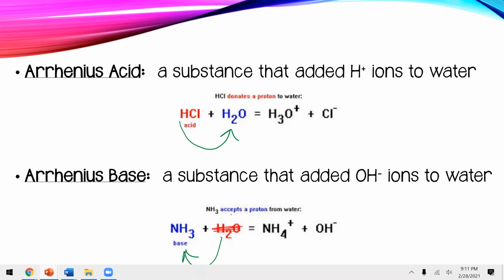Remember, we can write H2O as HOH. So this is saying that the OH is added to water, and you get an OH- in an aqueous solution. It's similar to what you wrote before, but it just looks a little different because we weren't specifically talking about this definition. So those are the Arrhenius acid and base definitions.